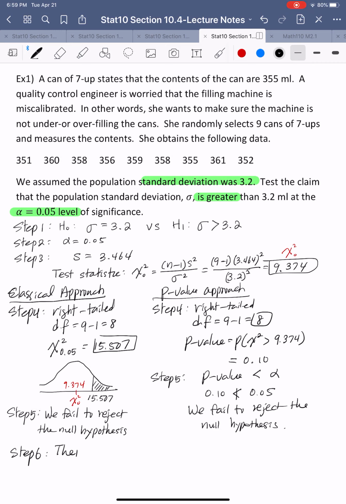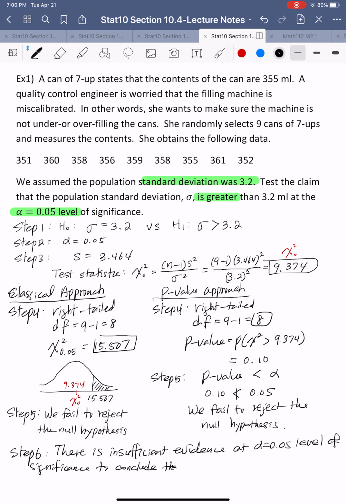There is insufficient evidence at alpha equal to 0.05 level of significance to conclude that the standard deviation of the can content of 7-Up is greater than 3.2 milliliters.